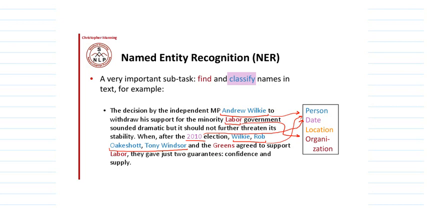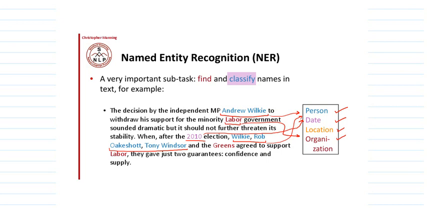So these are the four basic named entities that are generally identified in a named entity recognition task. In any named entity recognition task, we primarily need to identify the person, date, location, and organization, right? There could be other entities also.